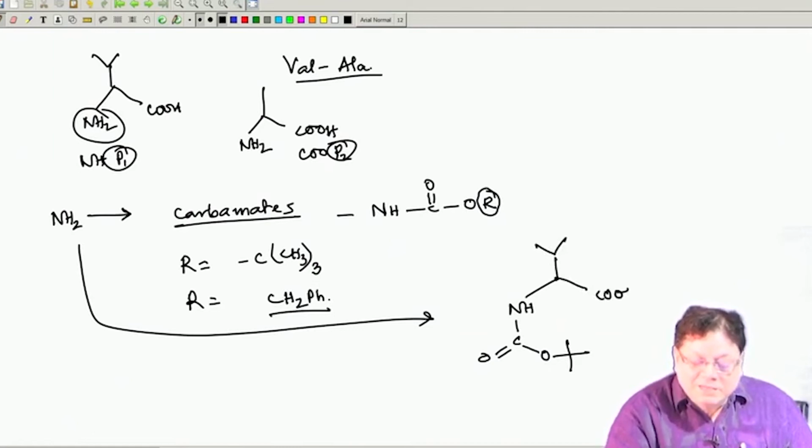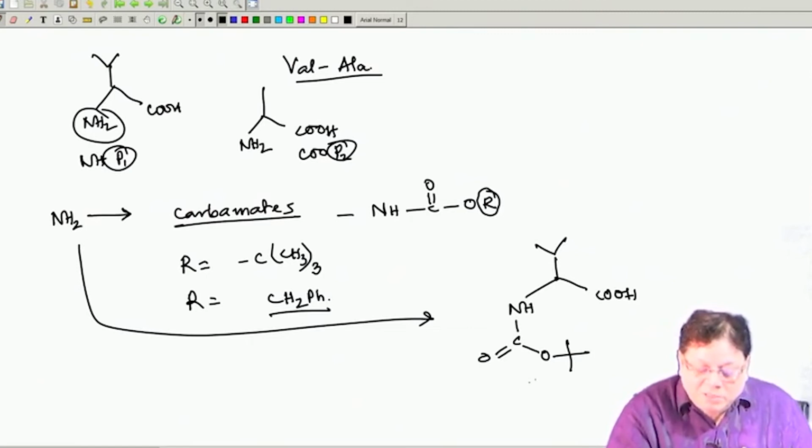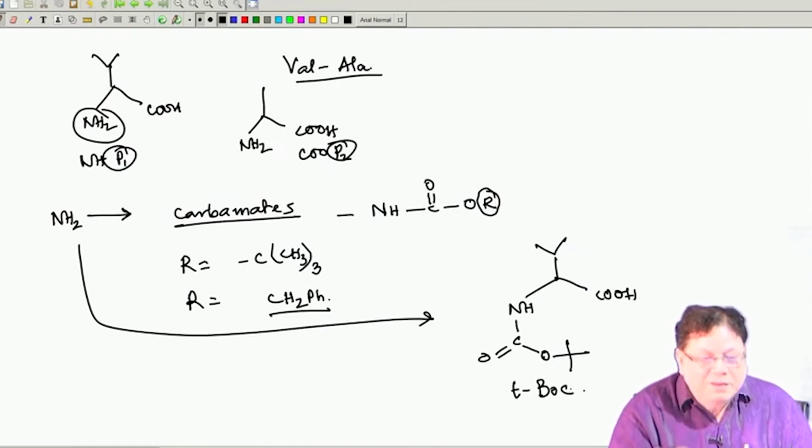So, the carboxylic acid remains there. This is called T-butyloxycarbonyl. So, the amine has been protected as T-butyloxycarbonyl. This is commonly known as the T-BOC group, tertiary butyloxycarbonyl.